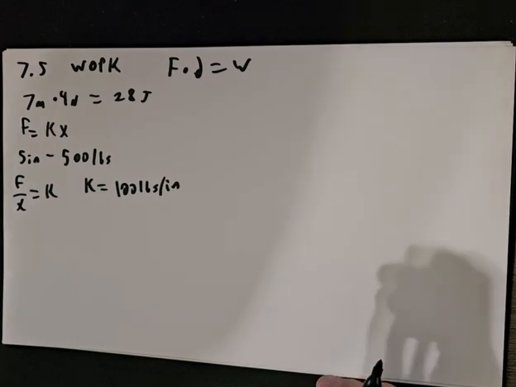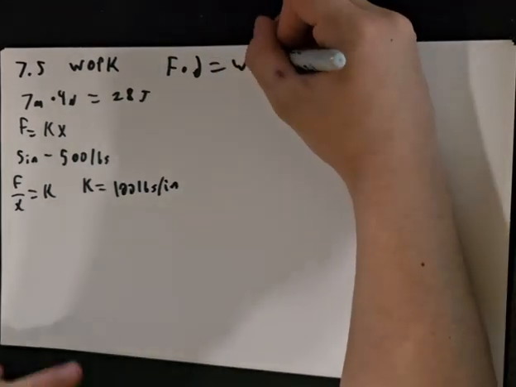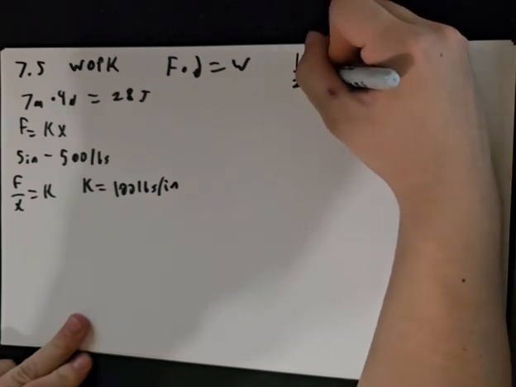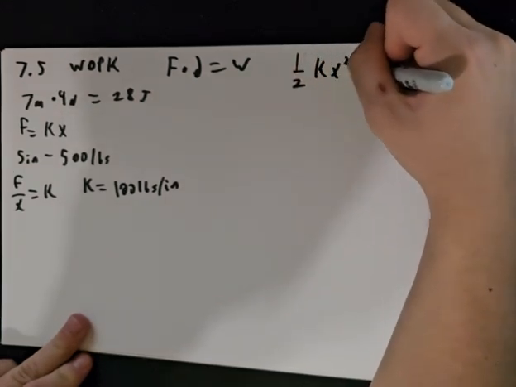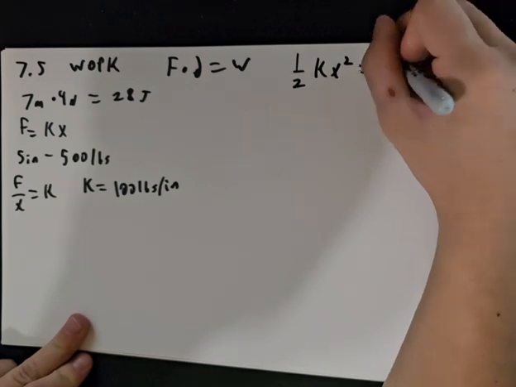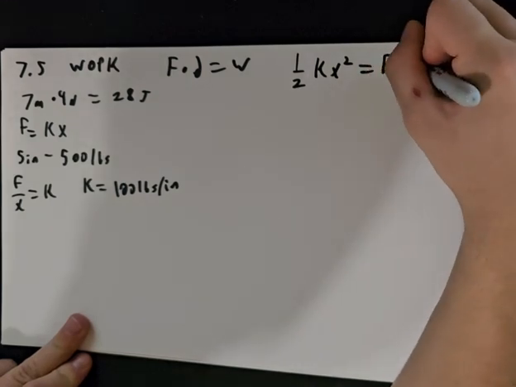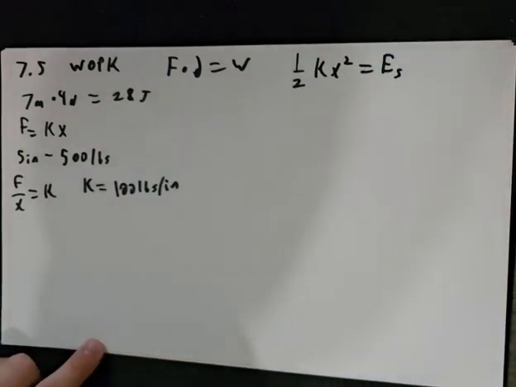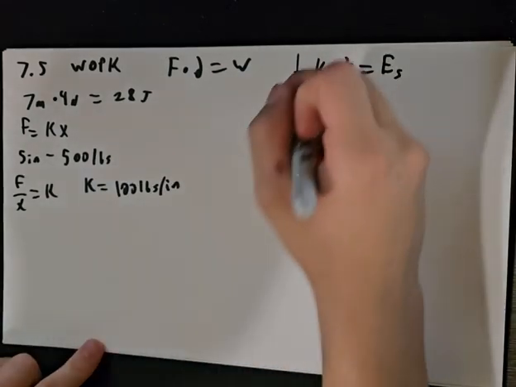Now, in physics, there is a formula: 1/2 kx squared is equal to energy in the spring, and energy is equal to work. Well, we'll get back to that.